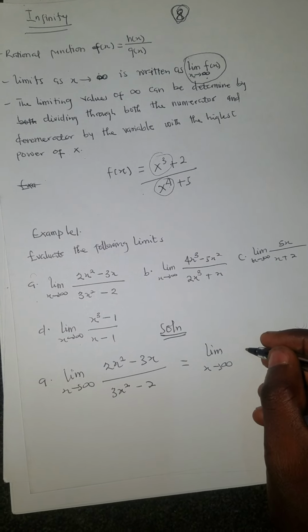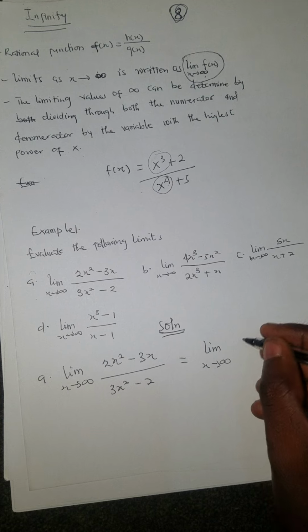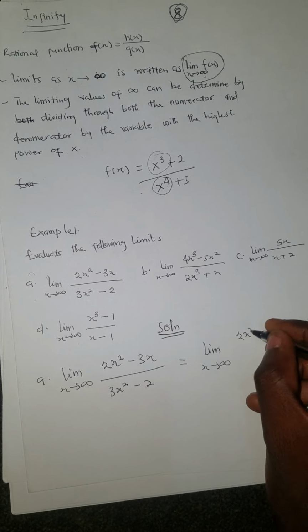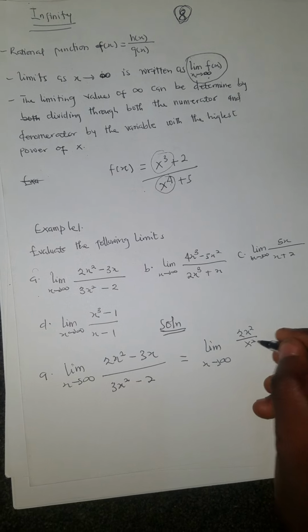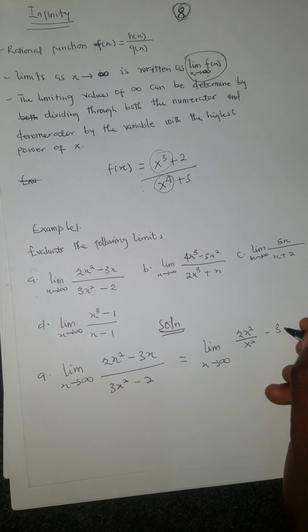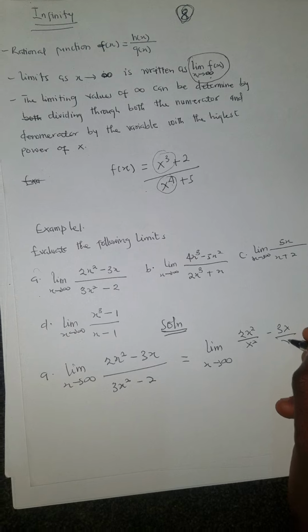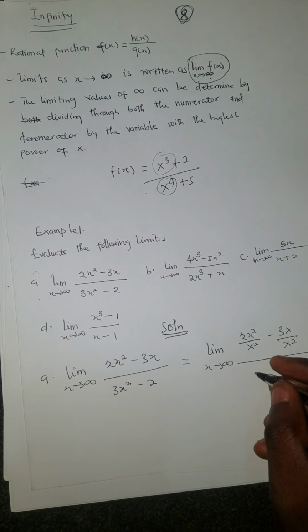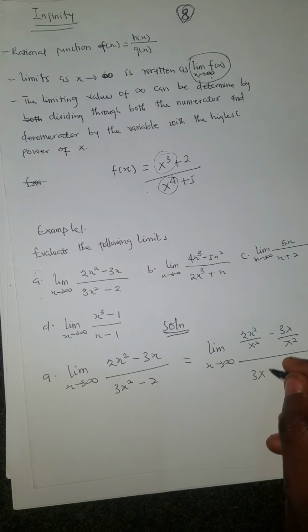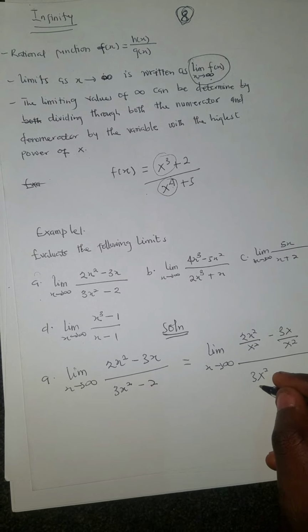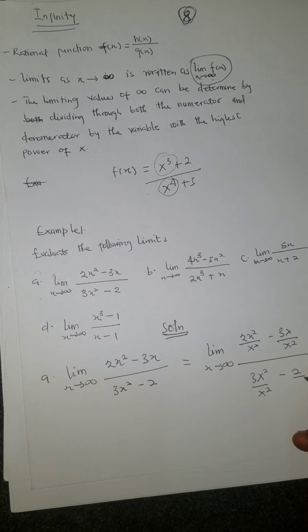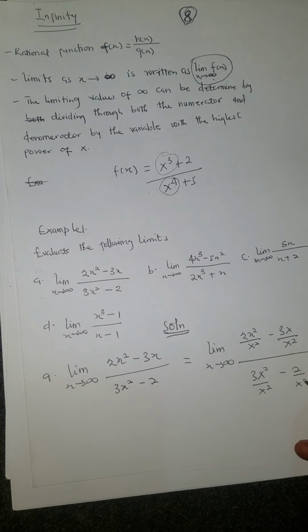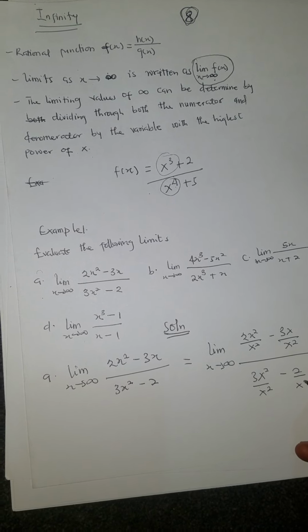So when we manipulate it, it will be 2x square over x square minus 3x over x square, all over 3x square over x square minus 2 over x square.